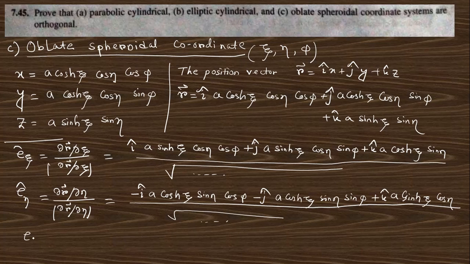And the third one is phi, e phi. So ∂r⃗/∂φ divided by |∂r⃗/∂φ|, right?